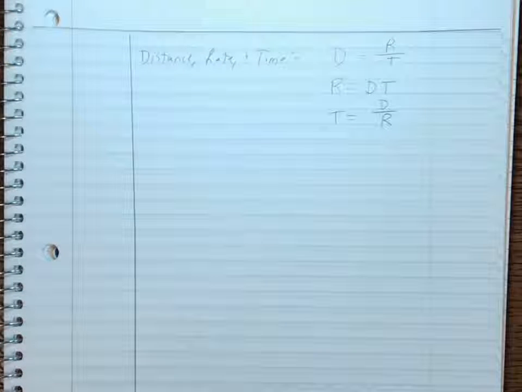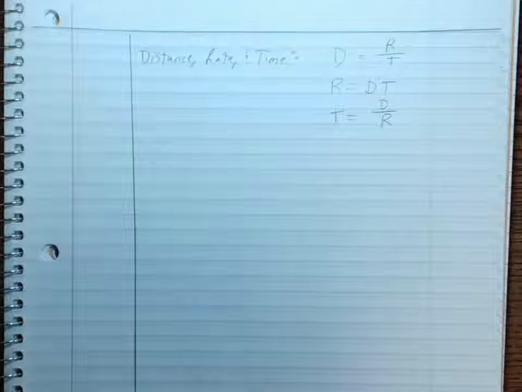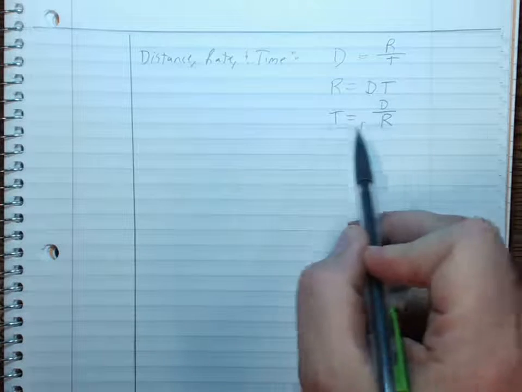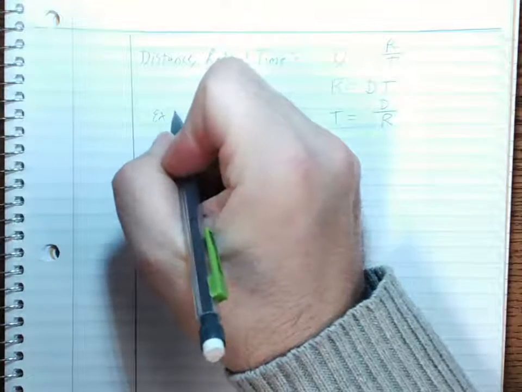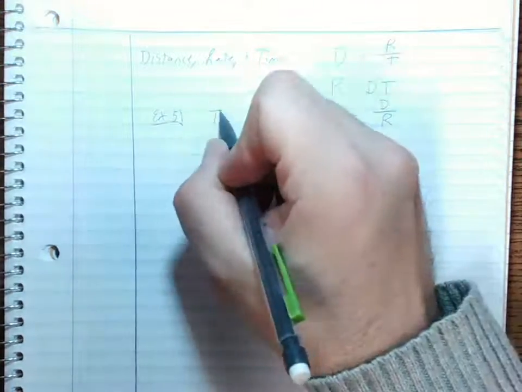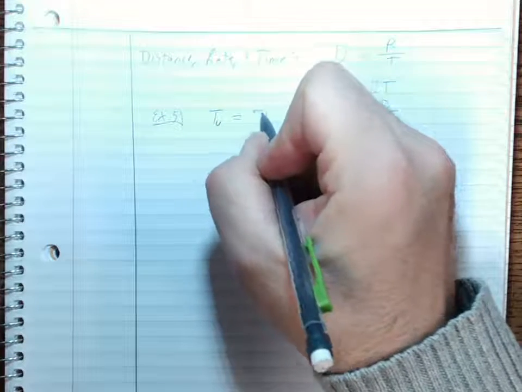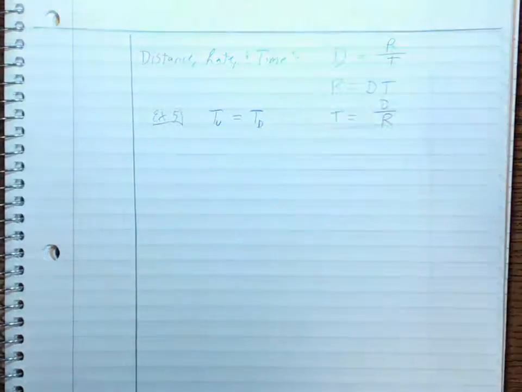And in fact, I just said the most important part of that. You would think the numbers would be the most important part, but they're not. The most important part is where it says the same amount of time. So I'm going to use this one. I know, this is my example, that the time going upstream, we'll call it T sub U, is the same as the time going downstream.